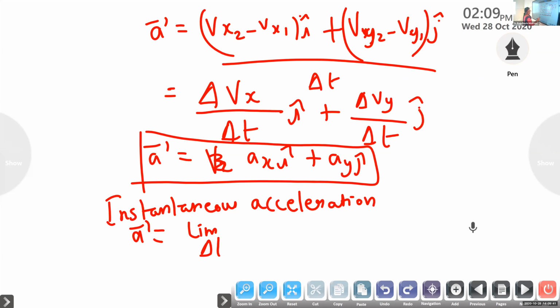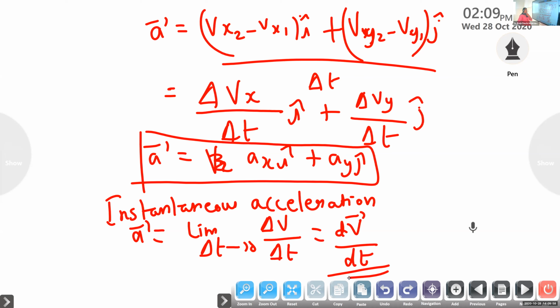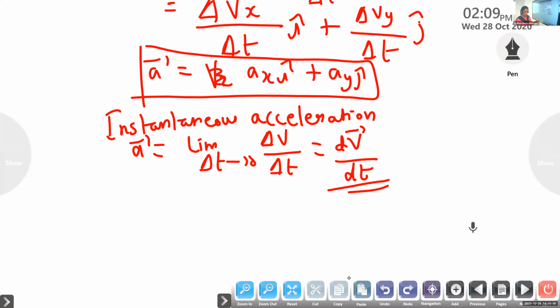Limit delta t tends to 0 of delta v by delta t. There it was delta x, here we have delta v. That is equal to the differentiation of velocity, dv by dt. So that is instantaneous acceleration. The diagram is in the textbook. Only instead of r1, r2 we write v1, v2 or v0, v depending on the case.